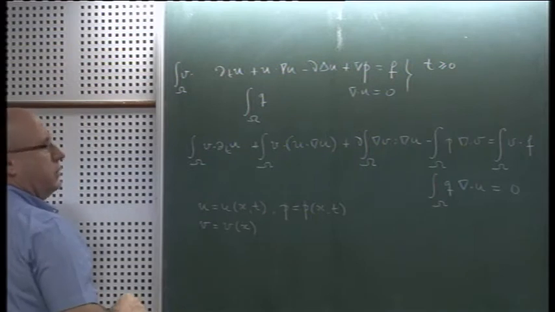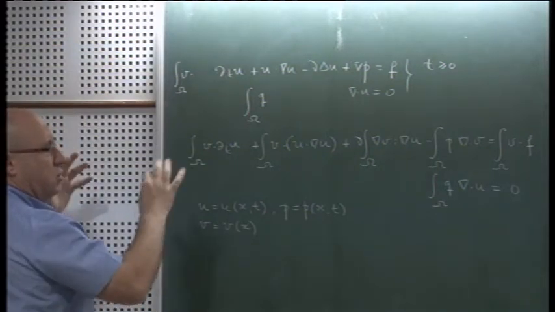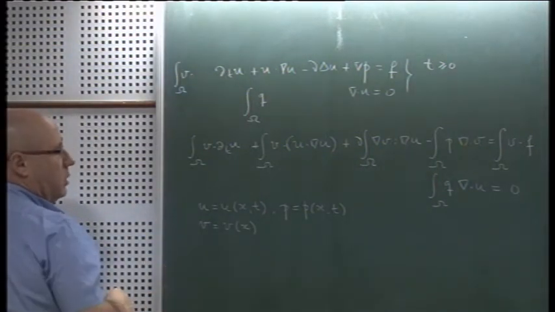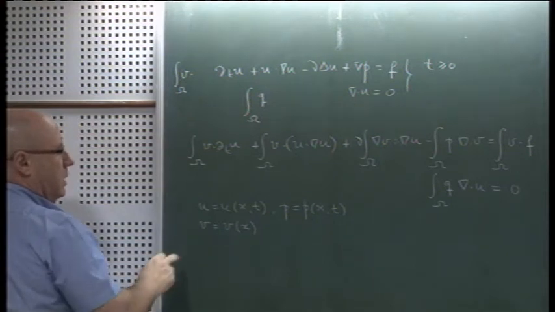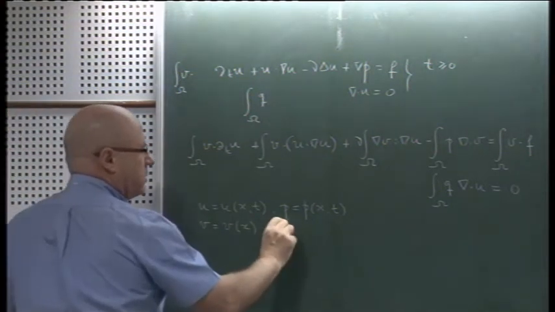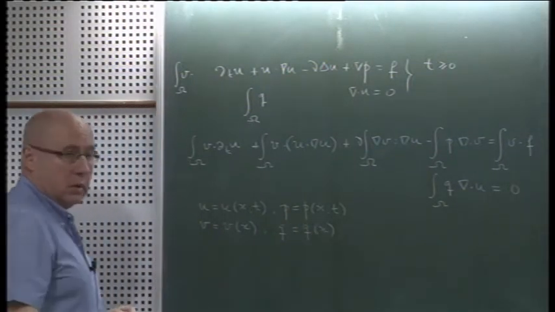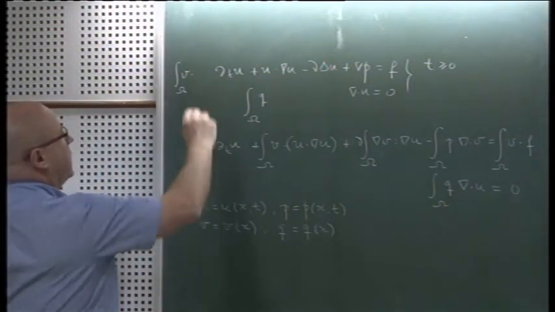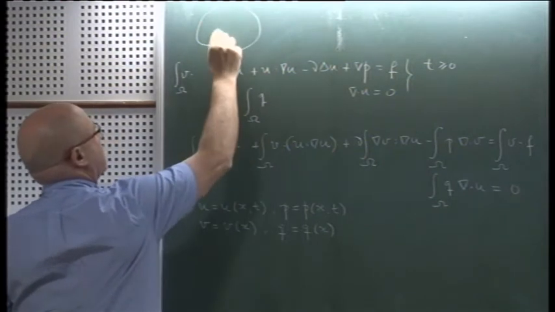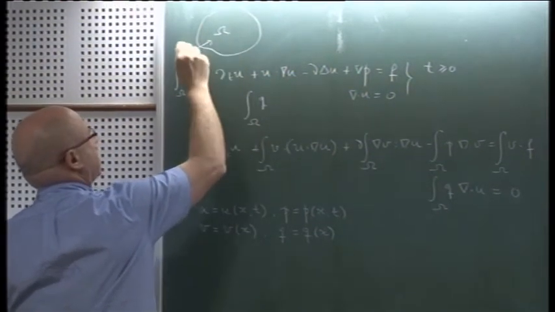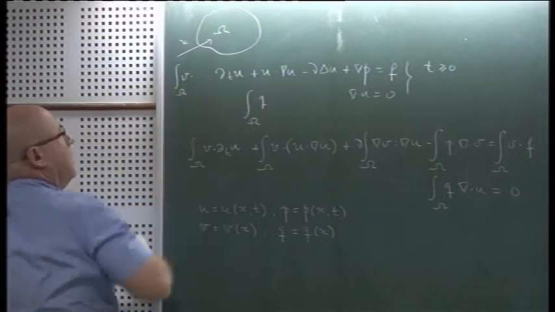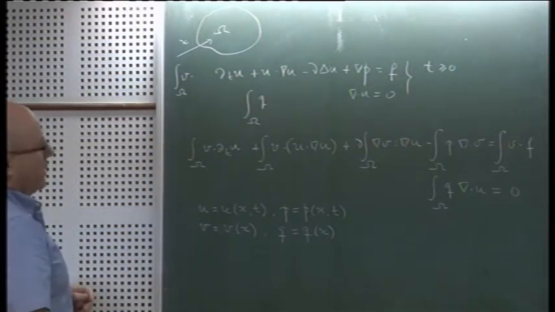It is also possible to design space-time variational forms, but the most classical one is the one I will do now, which is to take the test functions for velocity and pressure just functions of position, just defined in the computational domain Ω, just functions of position x. Okay, not of time. That's the first point.